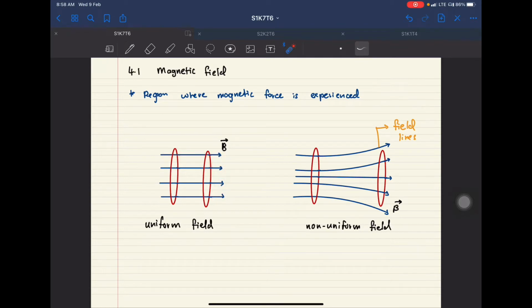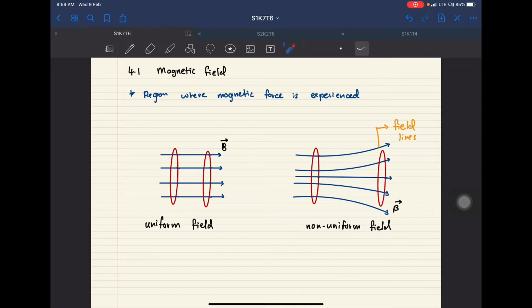Okay, so for uniform, basically you have parallel lines like that, and compared to non-uniform, you can see that the lines are diverging. On the same cross-sectional area, for the first part it only covers 1, 2, 3, 4, 5 magnetic field lines, but at the end here it only covers 3.